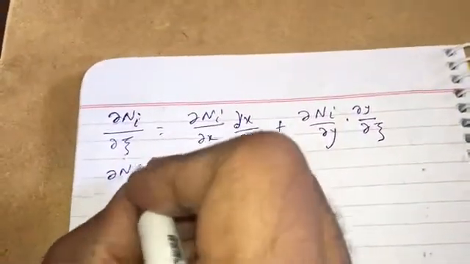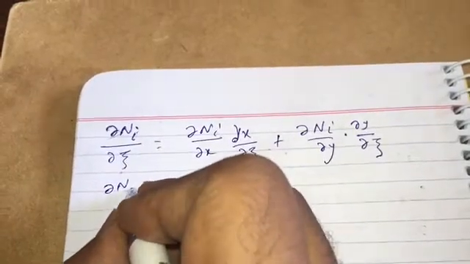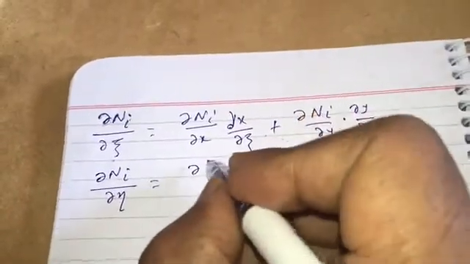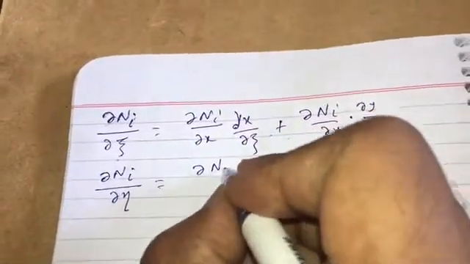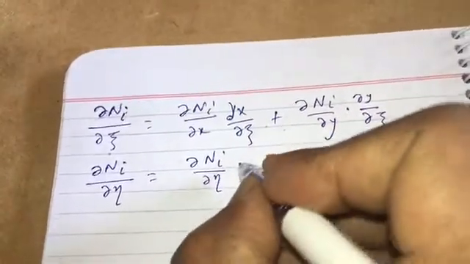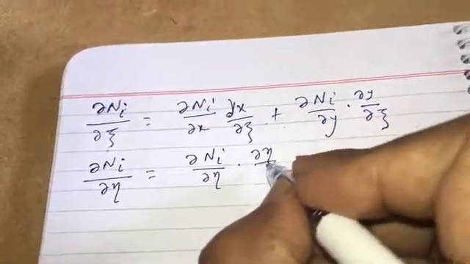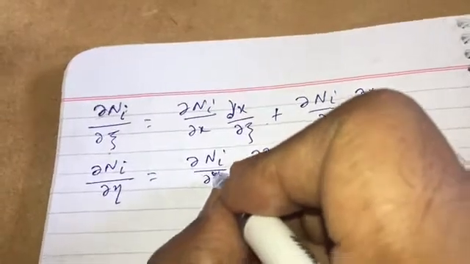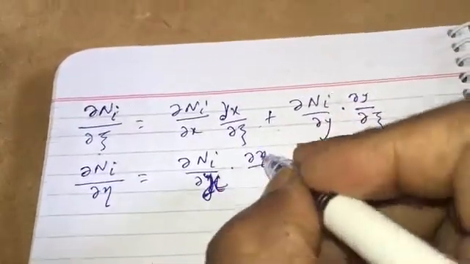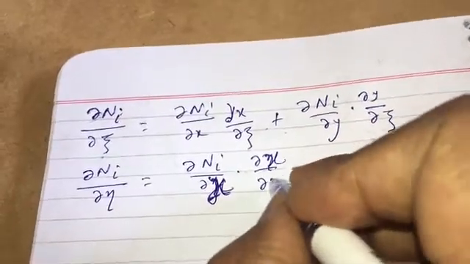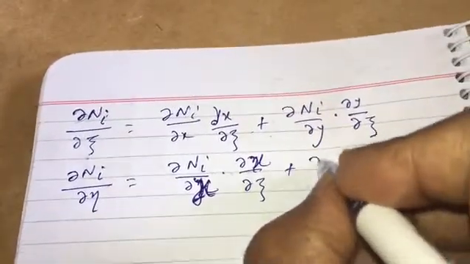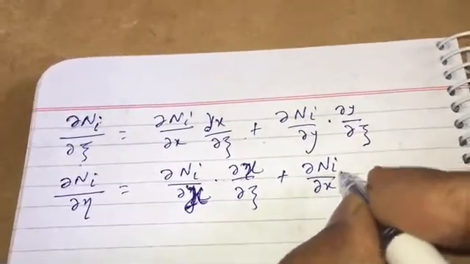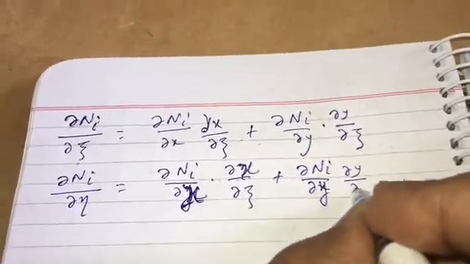Similarly, del N_i over del eta is equal to del N_i over del x times del x over del eta plus del N_i over del y times del y over del eta.